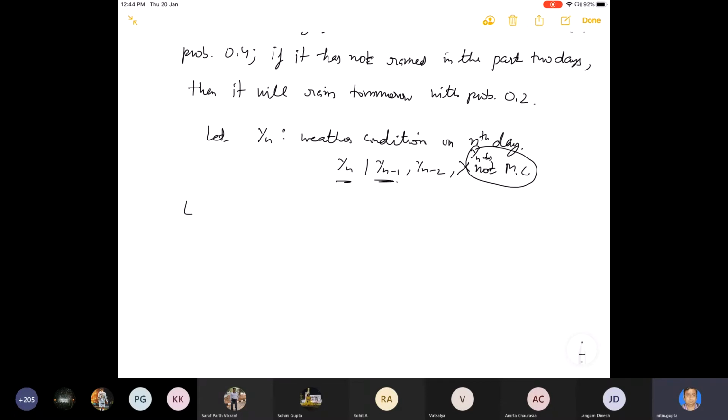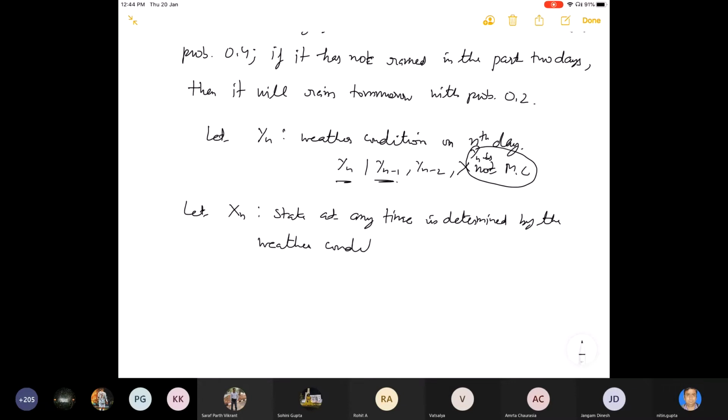So let us define Xn as the state at any time, determined by the weather condition during both that day and the previous day.